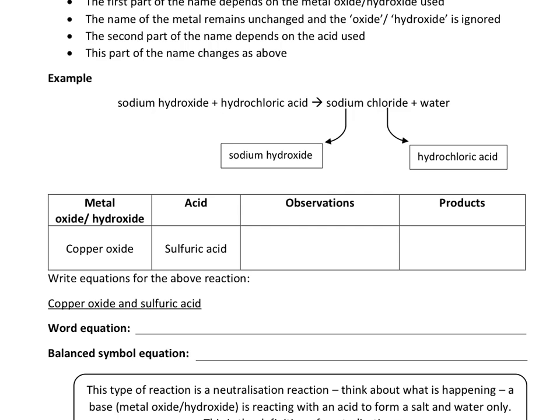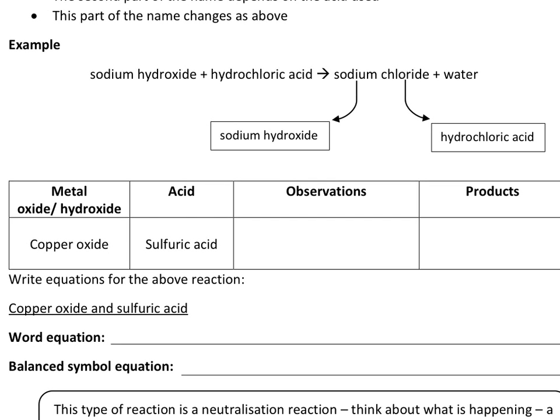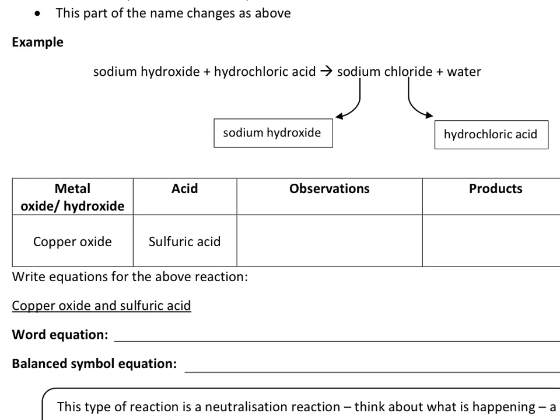So on page 7 we need to fill in our observations for that reaction, and as we said there was no fizzing, no gas given off, and so our only observation for this is that colourless solution changes to blue.